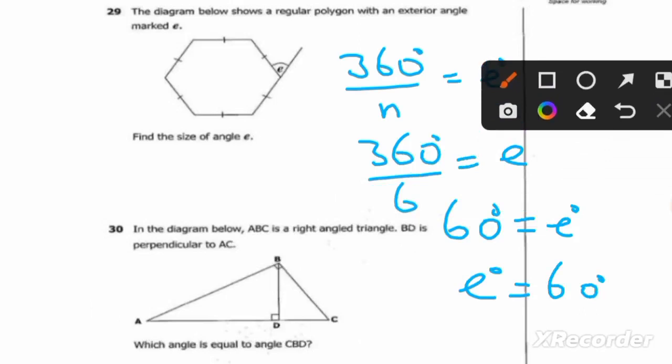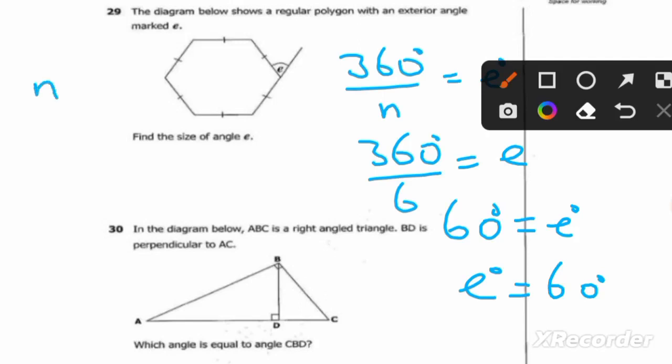We also need to know that each interior angle of a regular hexagon is equal to 120. So we can also use this formula which is here.